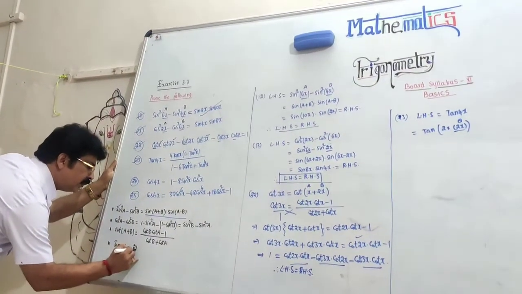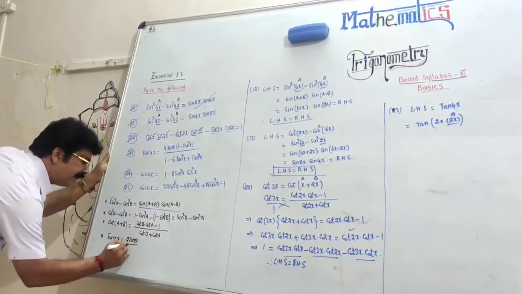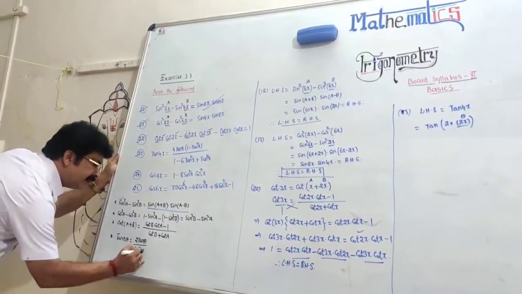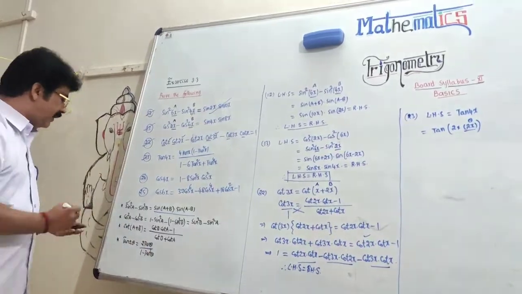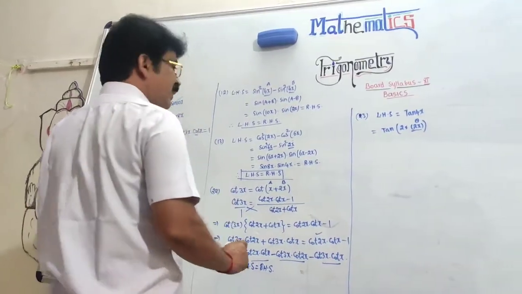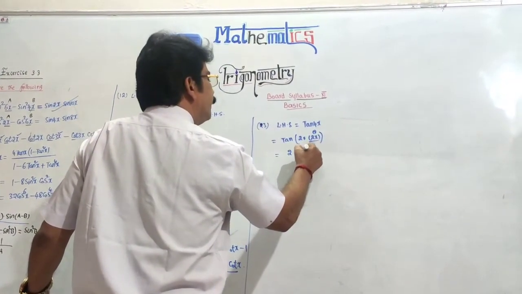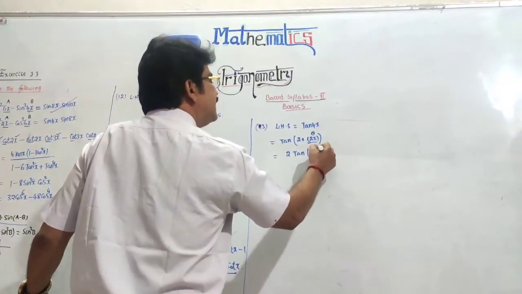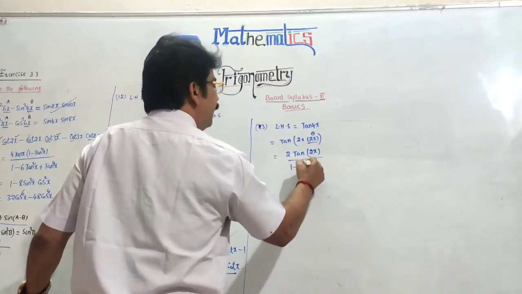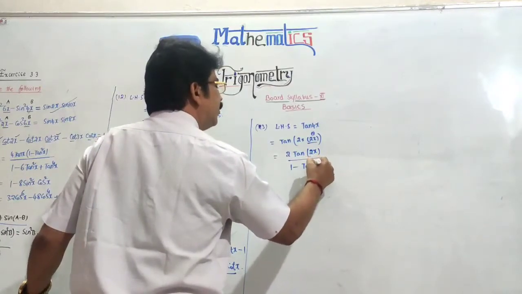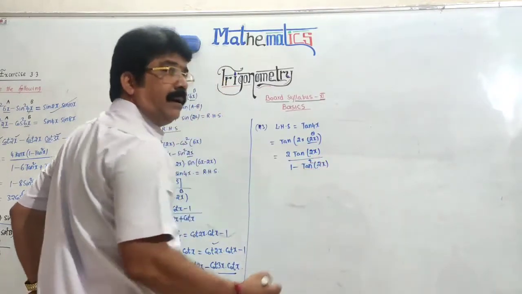That is equal to 2 tan theta divided by 1 minus tan square theta.